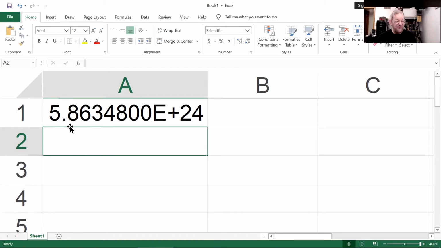Keep the 5, keep the 8, keep the 6, use the 3 to round off. Is that 4 or less? Yes. So I drop the 3 and everything afterward and keep the 10 to the 24th. So the answer would be 5.86 times 10 to the 24th.